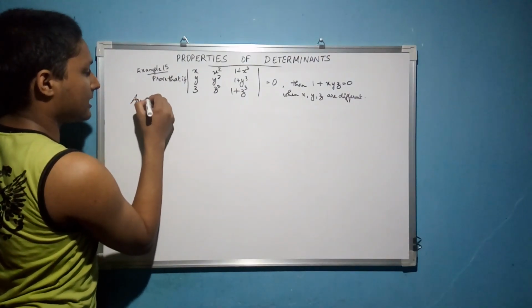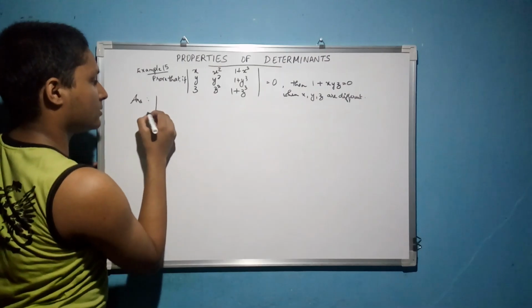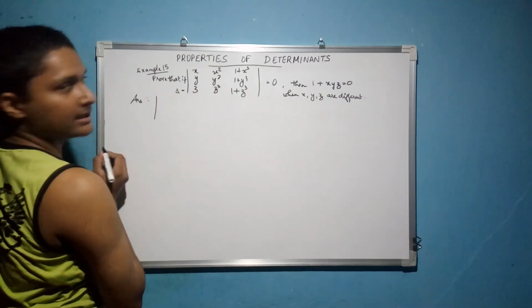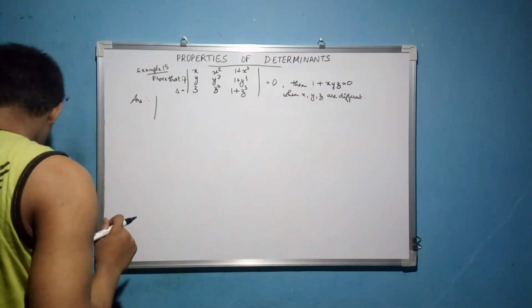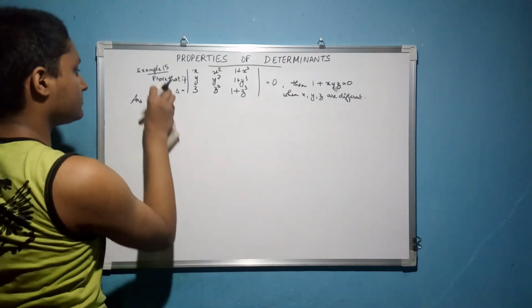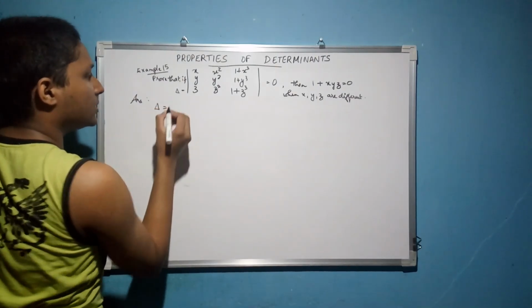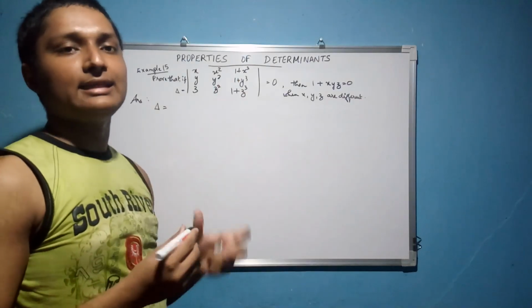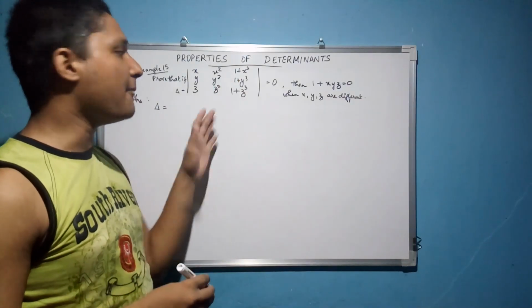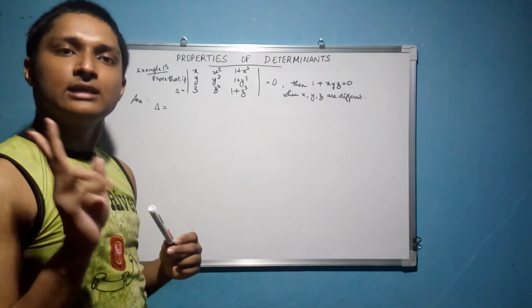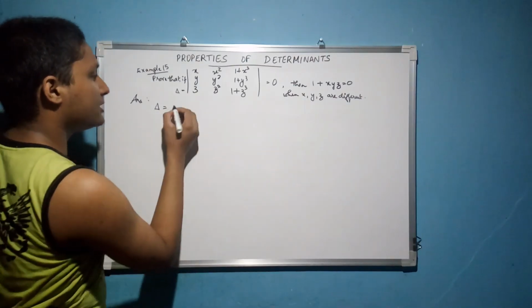So we'll start with the answer now. Let me mark this determinant as delta. Delta is going to be equal to, using the property that where any column or row is a sum of two terms, you can write it as two different determinants. That property I am going to use.